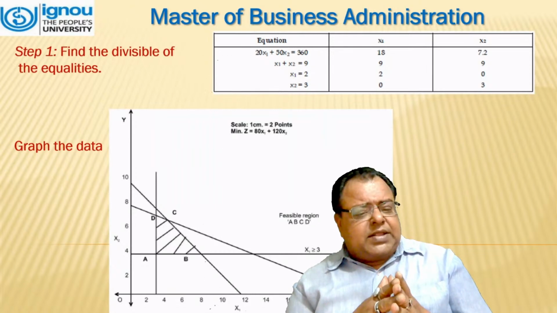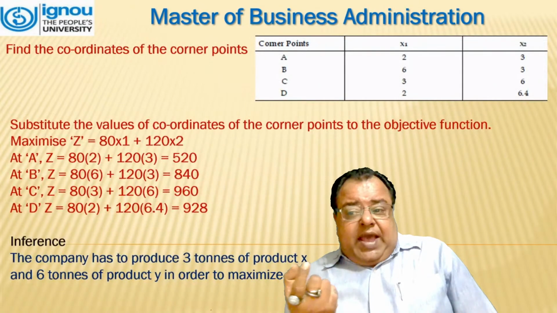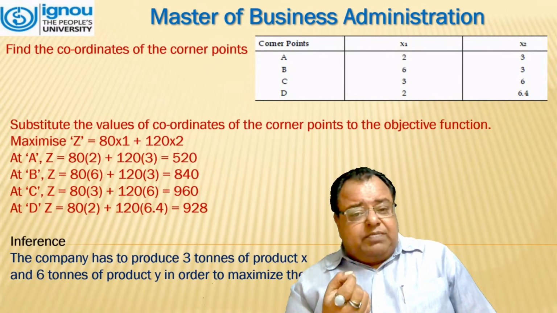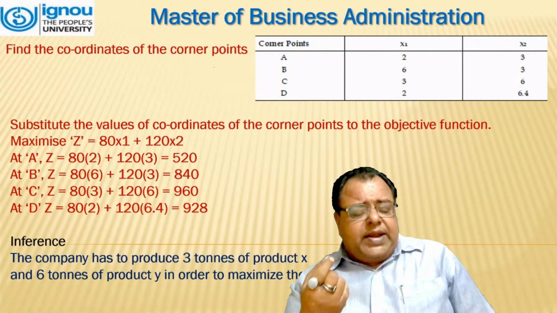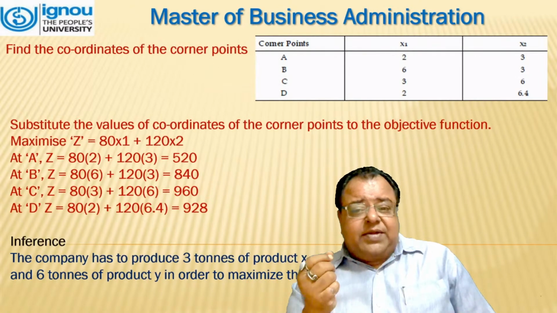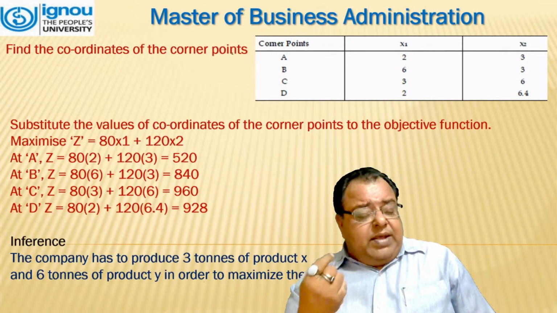The best feasible method is the elimination method. We have found these values A, B, and C because on graph paper they can be plotted, and in that case there is no need of calculating them. A, B, C, D, we have to write their coordinates.